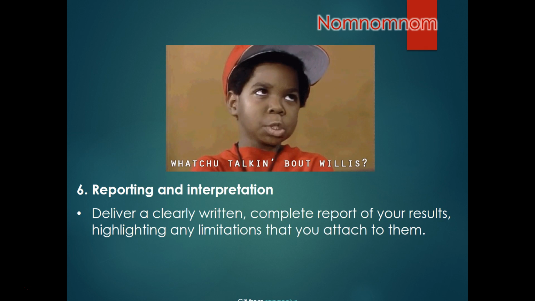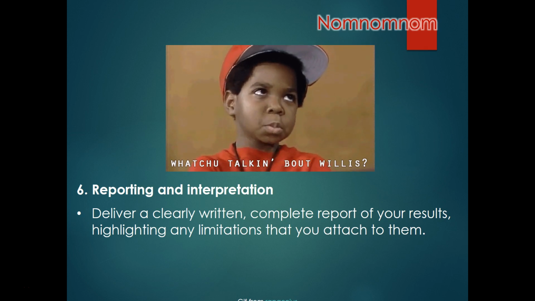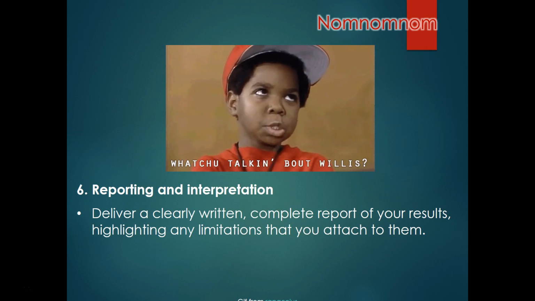Now, this is all fine and good, but somebody is going to want you to communicate your results. You're the scientific expert, but you've got to report and interpret your findings. And you've got to do that in a clear, concise way.